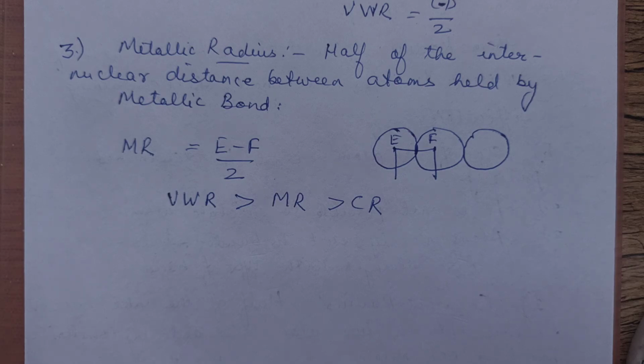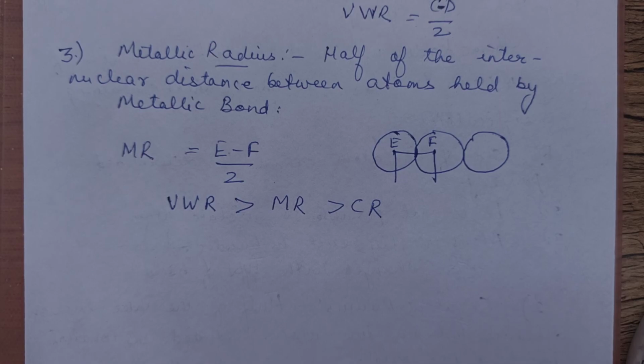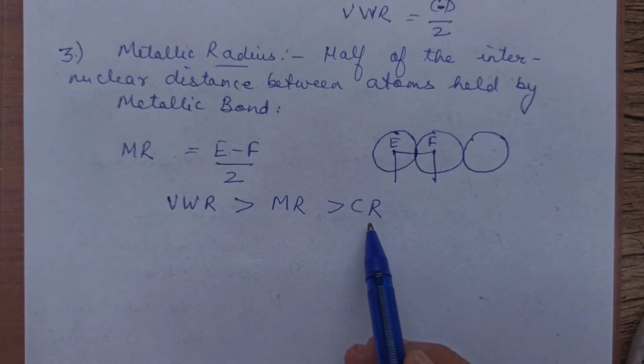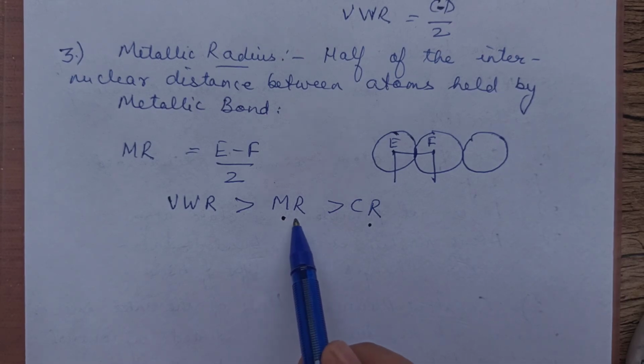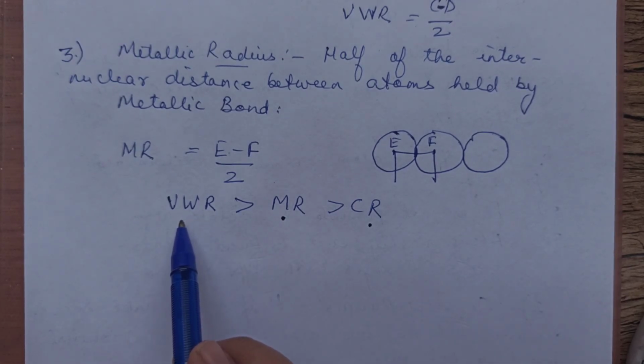We have discussed 3 types of atomic radius: Van der Waals, metallic and covalent radius, out of which the Van der Waals radius is the maximum, then comes the metallic radius, and the lowest is the covalent radius, because it is formed by overlapping. In the others they are just present side by side, and there is a gap in between.